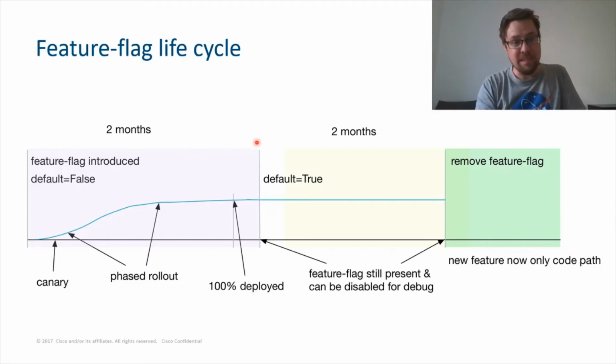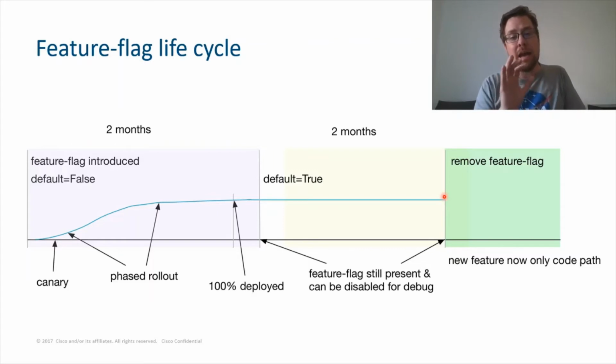Regardless, let's say after these 2 months that we have enabled 100% of the instances that we have. At this point, we can now change the default value for these services to be true. So if there are any new service instances created, then they will use the new feature. And for another time period here, again, I wrote 2 months, but it's an arbitrary time period.